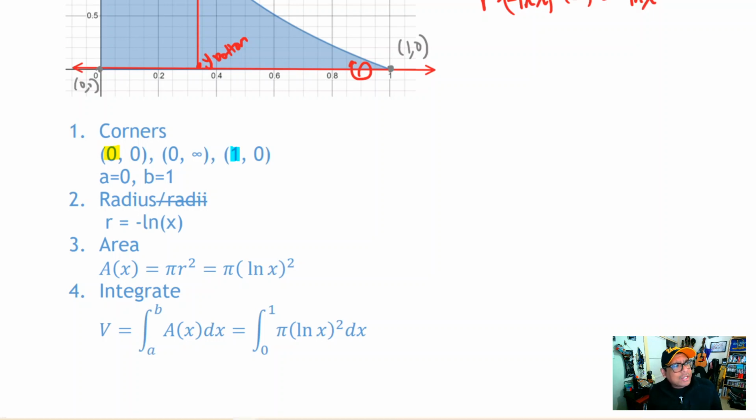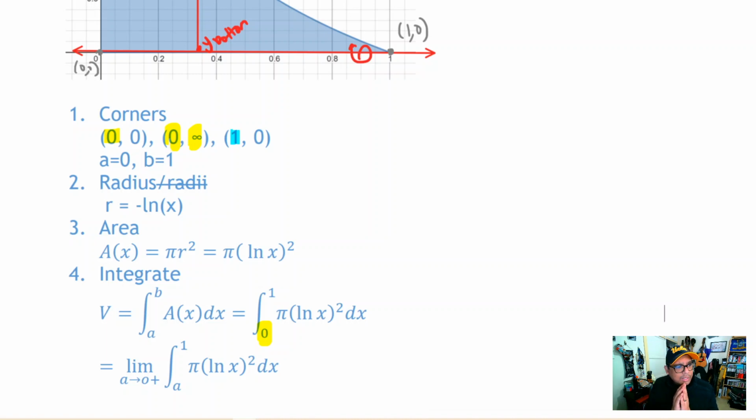Remember that the 0 gives me a problem in that at 0 my function evaluates to infinity. So 0 is actually going to be my problem for the improper integral. That's going to be the problem spot, the point of discontinuity, if you will.